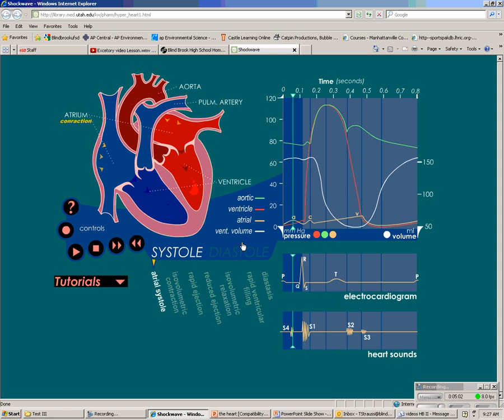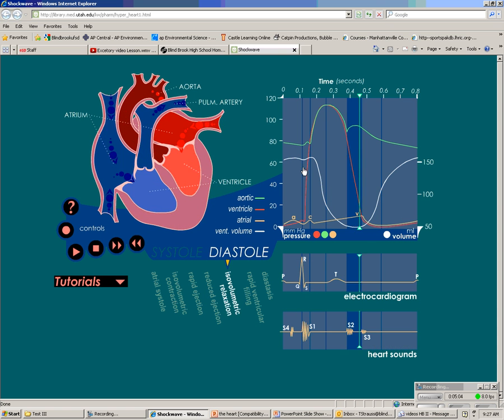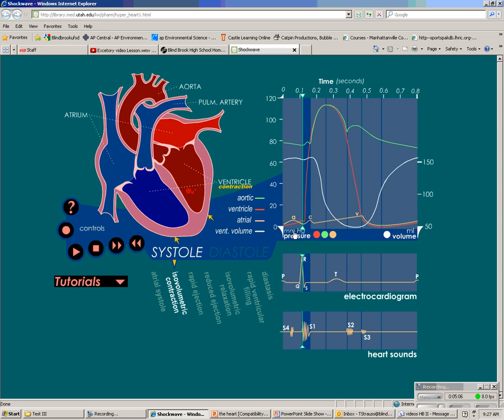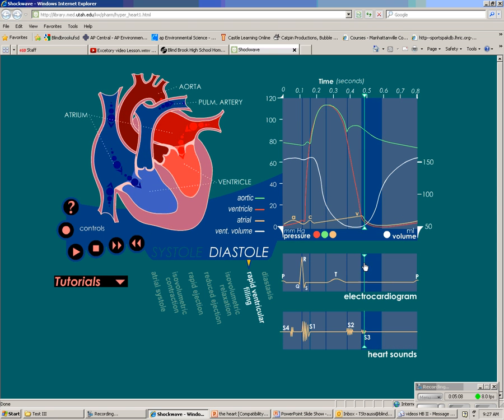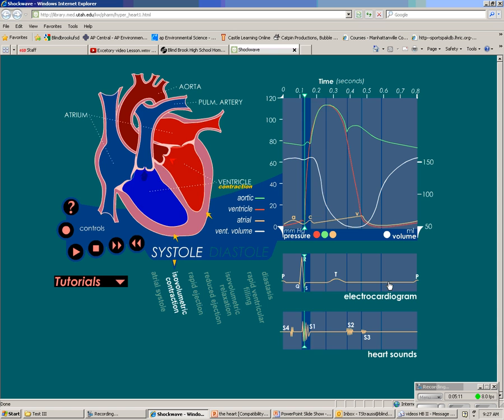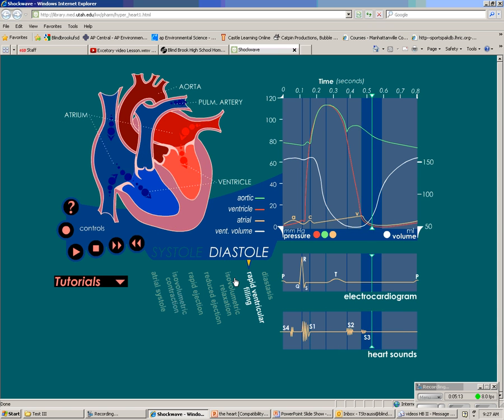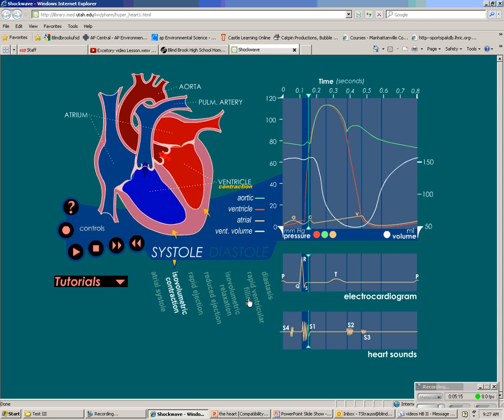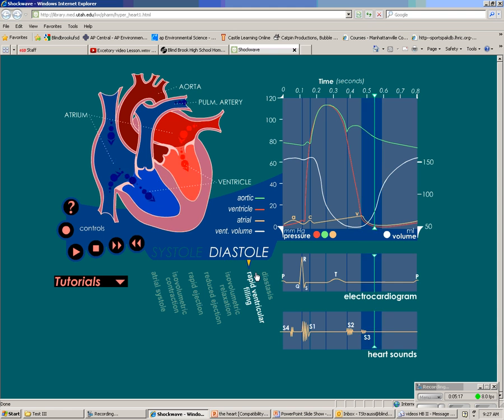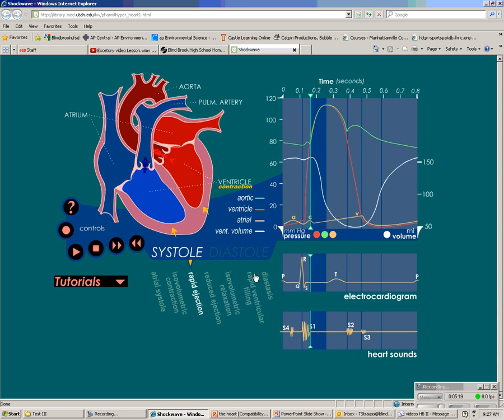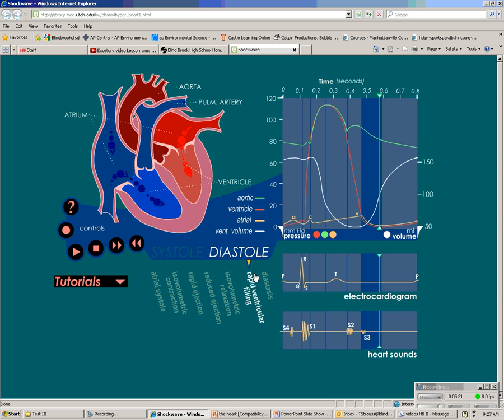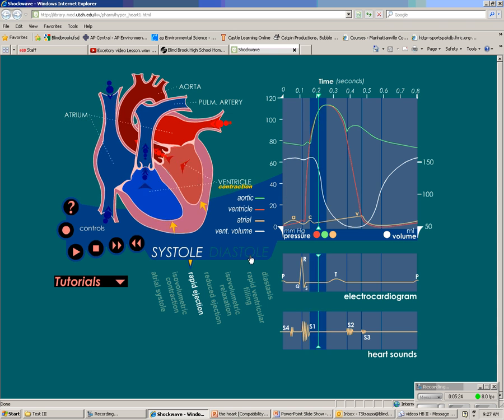Now, if we're looking here, you can see this chart is showing you blood pressure, and this is what you would see on an electrocardiogram. Now, diastole is going to be the rapid ventricular filling. So when the ventricles are actually filling up, it's called diastole.